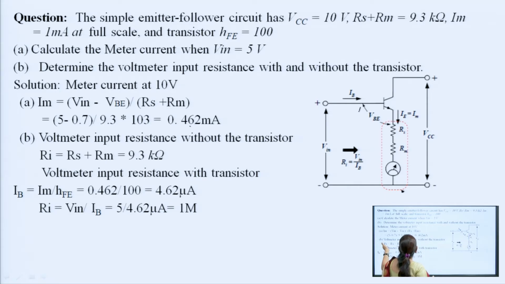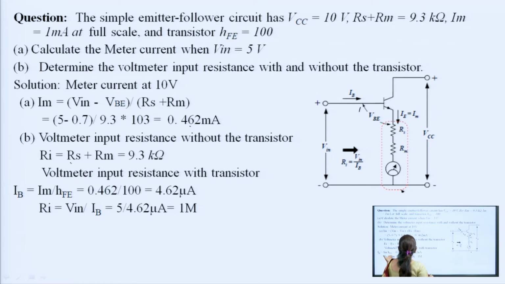Similarly, for the input resistance, if there is no transistor, then it is equal to the series resistance plus the meter resistance, that is 9.3 kilo ohm. But when we are using this transistor, IB is equal to Im by HFE, that is 0.462 milliampere divided by 100. So, it is 4.62 microampere.